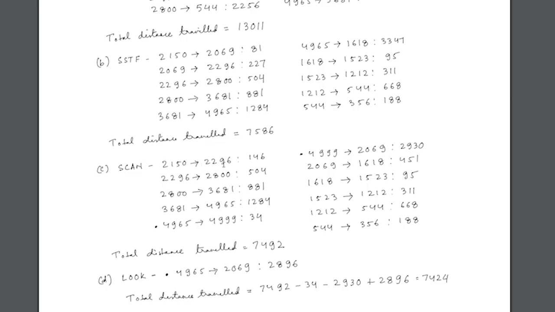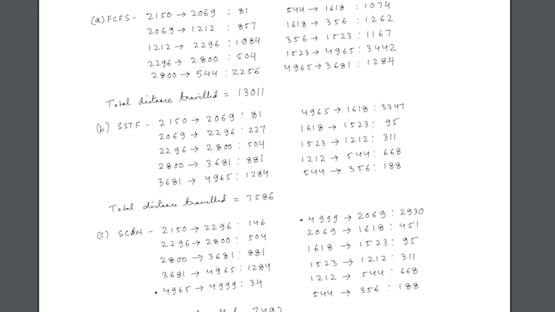The next number that is just bigger than 2150 is 2296. At 2296, they will go to the one that is just bigger, 2800. It does not have to be the shortest seek time, or in the same order as in the queue. SCAN does not work like that.